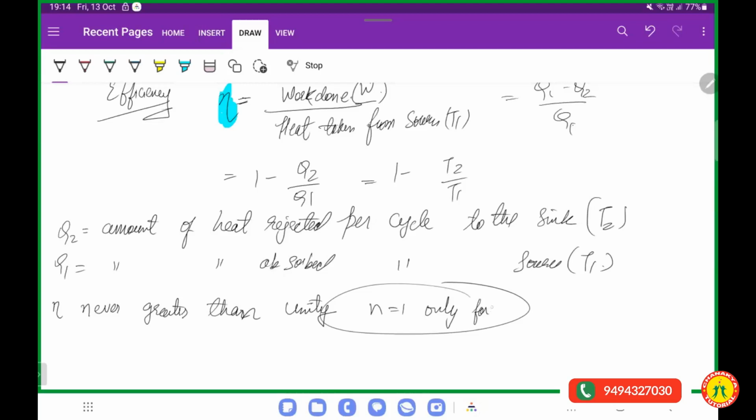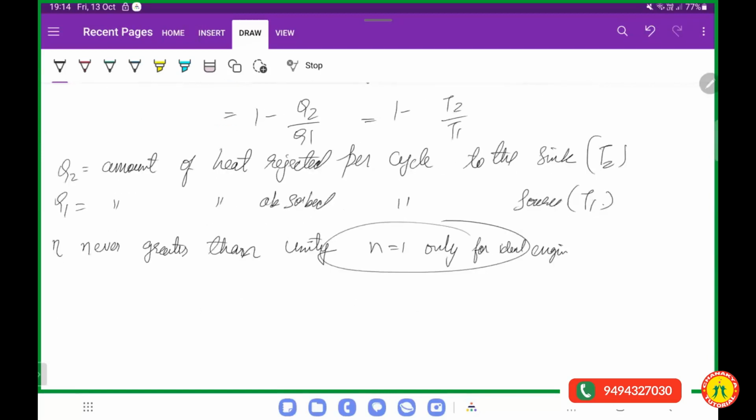Even the Carnot cycle is not actually 100%, so we say ideal engine. So practically, efficiency is less than 1. Okay?